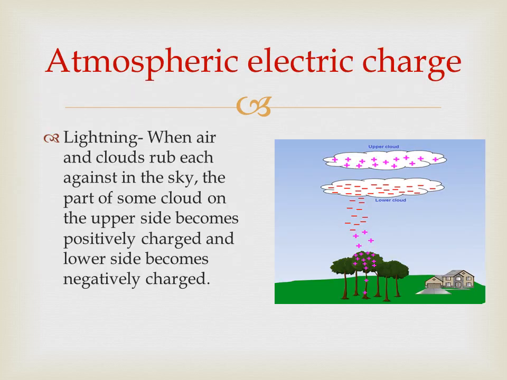Let us learn atmospheric electric charge. When air and clouds rub against each other in the sky, the upper part of some clouds becomes positively charged and the lower side becomes negatively charged.